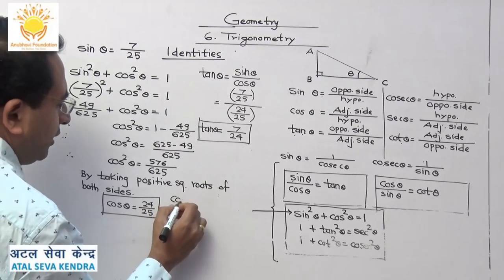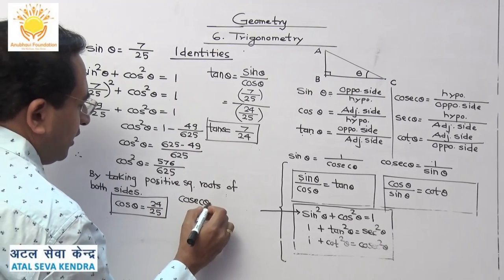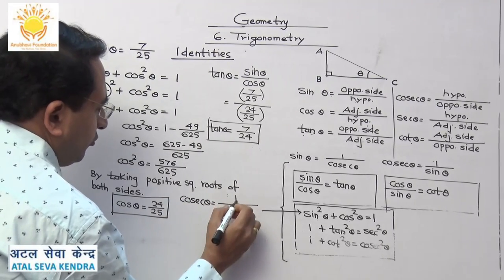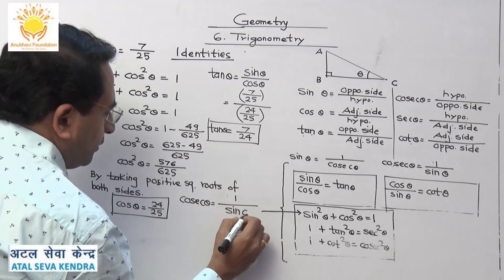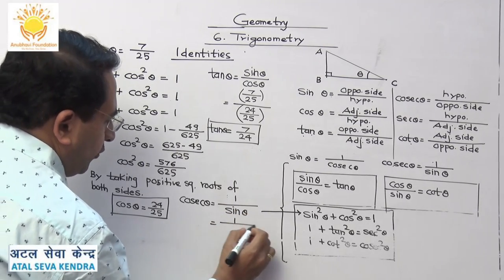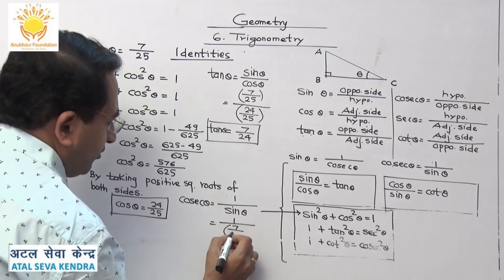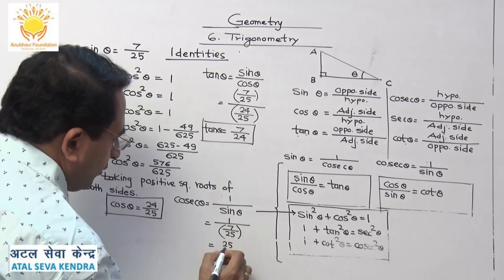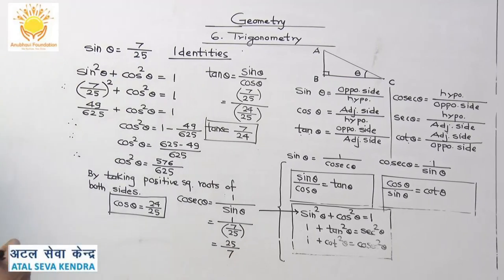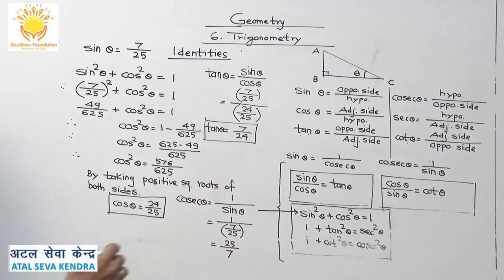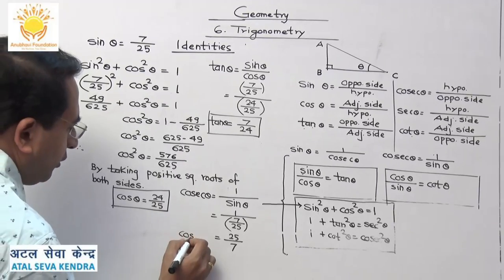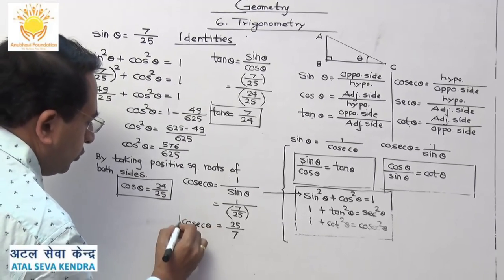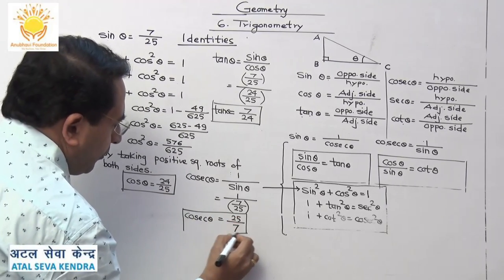So I need to write the formula like this, cosec theta is equal to 1 upon sine of theta. Then I can write 1 upon 7 upon 25. Then we can write the answer 25 upon 7. So this is the value that we are going to write, cosec theta is equal to 25 upon 7.